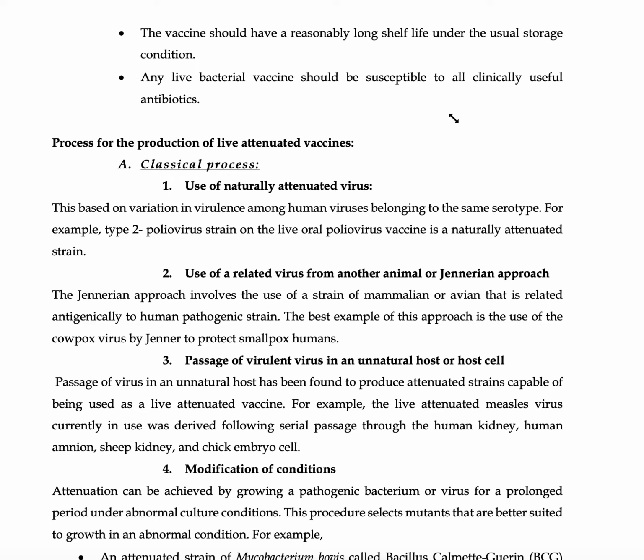If it is a bacterium, we use antibiotics; if it is a virus, we use antiviral drugs. So the vaccine should be susceptible to all kinds of clinically useful antibiotics. If the vaccine itself has drug resistance, then in an accidental case where the vaccine causes infection, we cannot treat it.